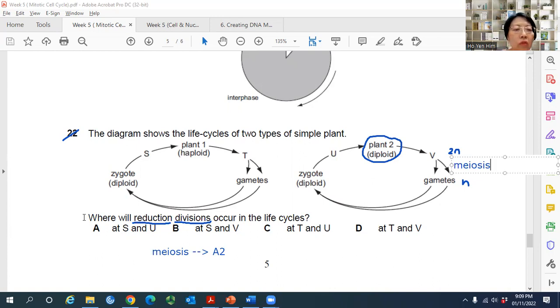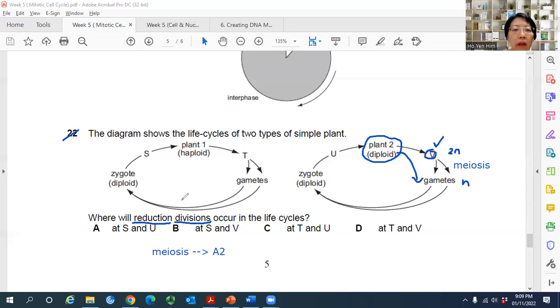So the question asks the student, where will reduction division occur in the life cycle? So how to see? Very easy. Any cell that's diploid becomes haploid, or meiosis or gamete formation is reduction division. So therefore, from a diploid becomes gamete, usually this is reduction division. So this is correct.